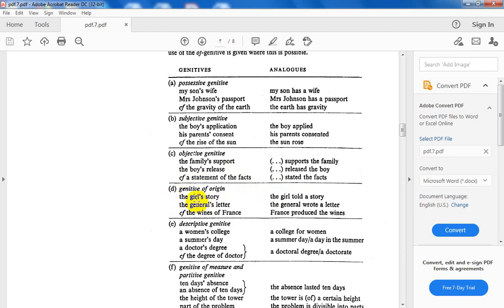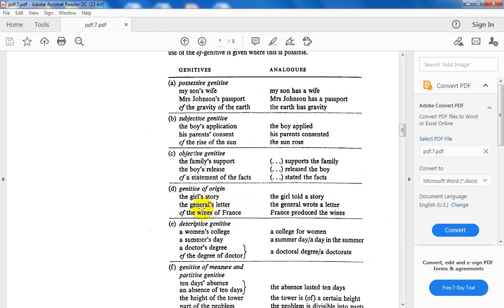Genitive of origin. What is the origin of a noun with S? The girl's story. It says what? The girl told the story. Here, girl is personal, it takes the S genitive. The general's letter.